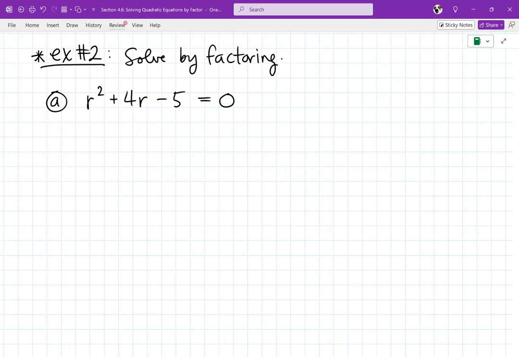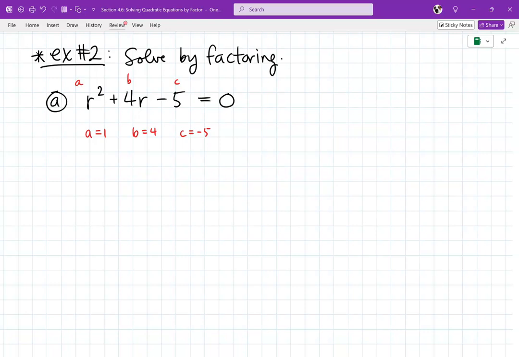Okay, we're going to have to factor r squared plus 4r minus 5. So let me remind you, my a term is here, b term is here, my c term is there. So a is 1, I'll just write it down, b is 4, c is negative 5. Again, these are not things you have to do.